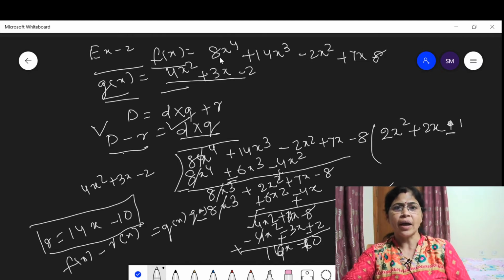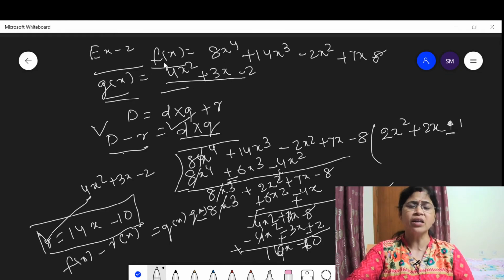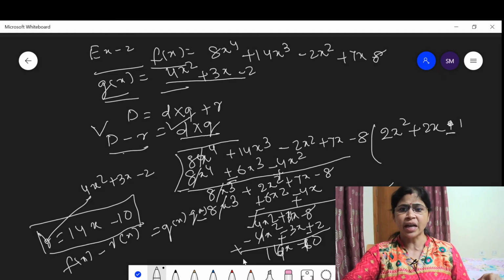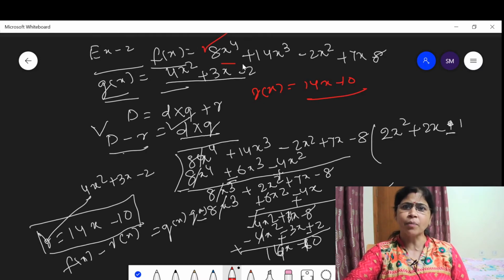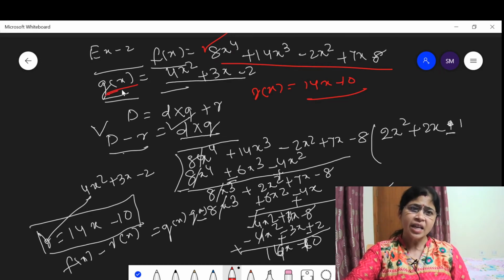When f(x) is 8x fourth plus 14x cube minus 2x square plus 7x minus 8, and r(x) is equal to 14x minus 10 is subtracted from this, the result will be a perfect multiple of g(x), means it is completely divisible by g(x).